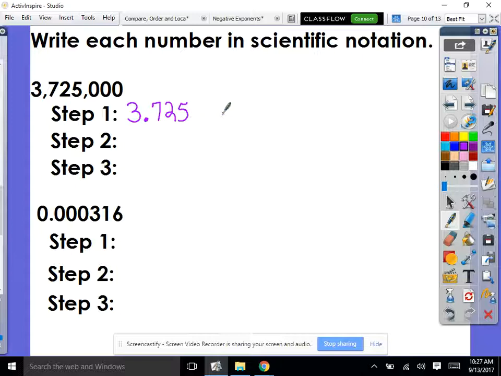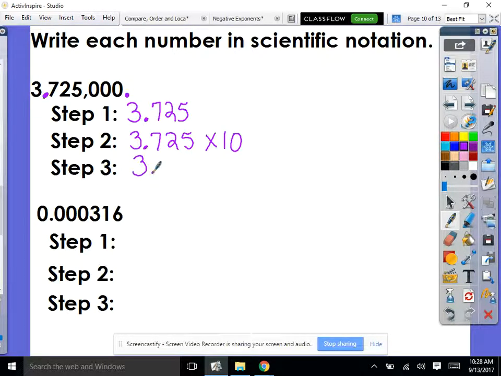Step 2 is times 10. So we take that number and multiply times 10. Step 3, we want to get our exponent, so we have to see how far we moved the decimal. The decimal's sitting right here, and we moved it to here.